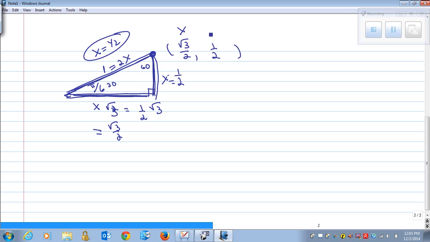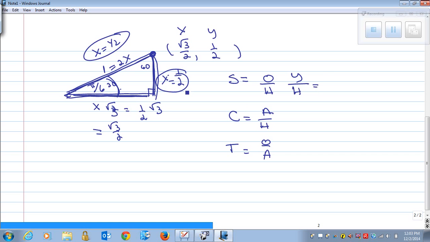Now, let's talk a little bit about why it's cosine and sine. You remember from geometry that if you have an angle, then you have an opposite side and an adjacent side. And you remember SOHCAHTOA: sine is equal to opposite over hypotenuse, cosine is equal to adjacent over hypotenuse, and tangent is equal to opposite over adjacent. So if we're at the angle, opposite would be here, which would be our y value, over our hypotenuse.